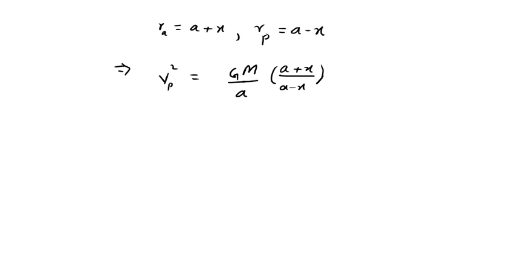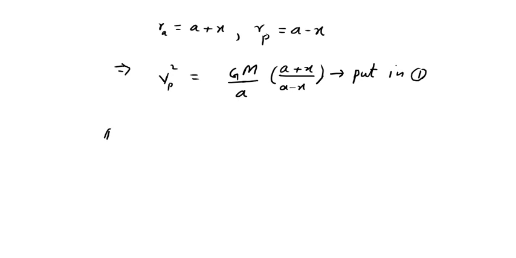Now let's say we put this in equation 1, because our target is to find the speed of the satellite in elliptical orbit, not at the perigee. We can discuss this later. So put it in equation number 1. If we recall equation number 1, it was v squared divided by 2 minus GM divided by r equal to Vp squared divided by 2 minus GM divided by Rp.